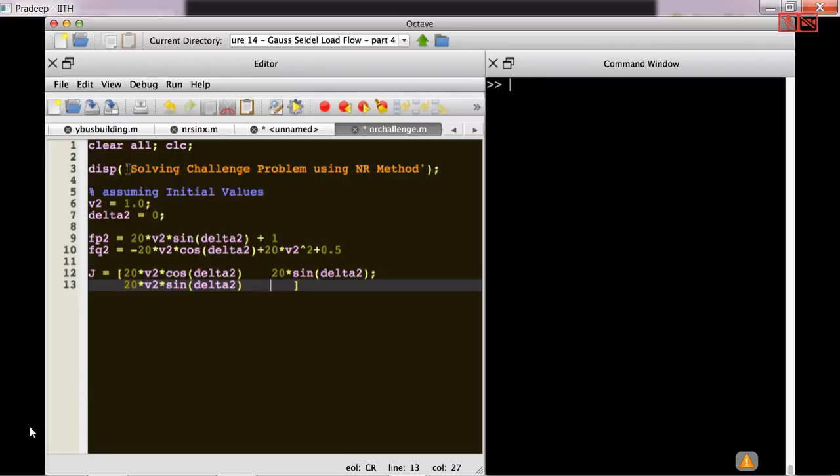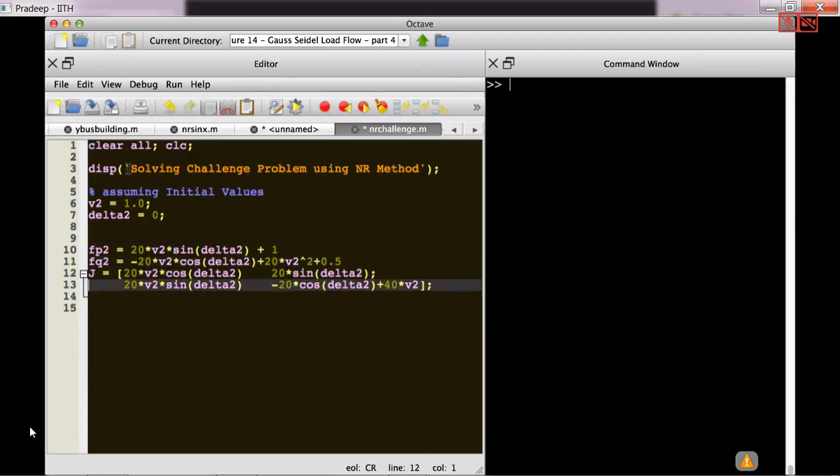And the last element is minus 20 into cos of delta 2 plus 40 into v2. So with this, the J is calculated.